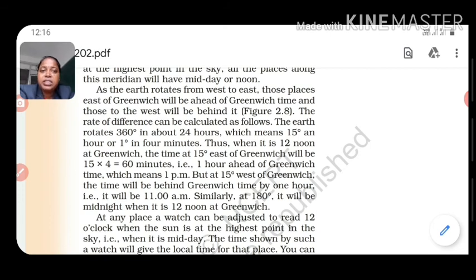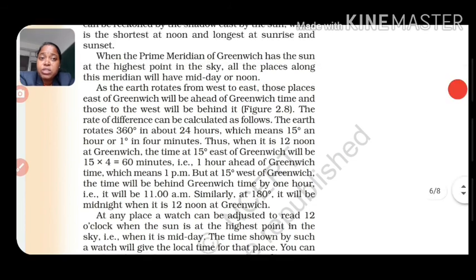Thus, when it is 12 noon at Greenwich, the time at 15 degrees east of Greenwich will be 15 into 4 equals 60 minutes, that is 1 hour ahead of Greenwich time, which means 1 p.m. But at 15 degrees west of Greenwich, the time will be behind Greenwich time by 1 hour, that is, it will be 11 a.m. Similarly, at 180 degrees, it will be midnight when it is 12 noon at Greenwich.